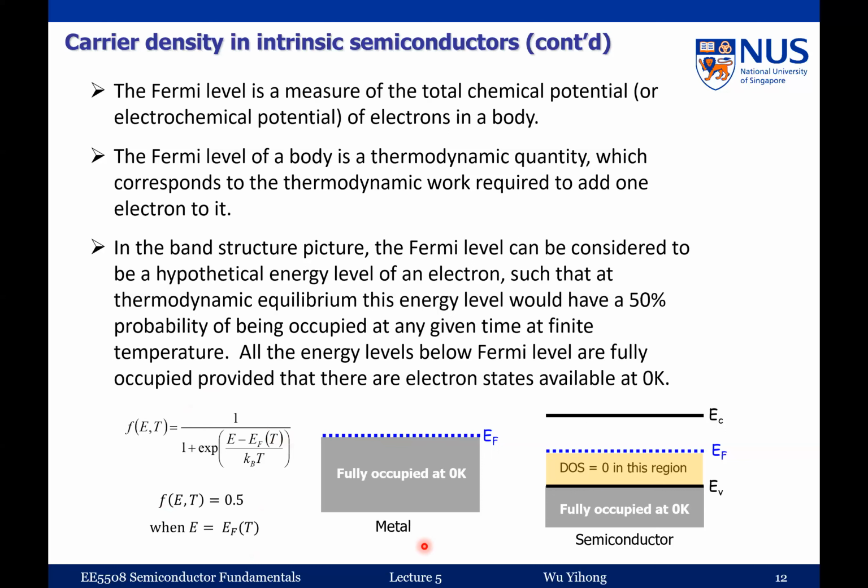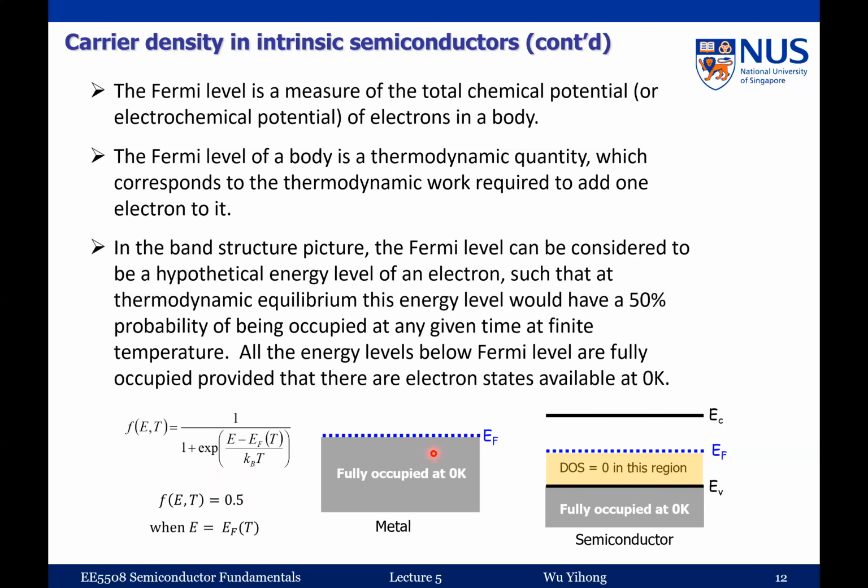The first way is at zero temperature: the Fermi level is the energy you need to supply to move one electron from infinitely far away to this Fermi sea. The other way, at finite temperature, is that it is the energy level at which the probability for an electron to occupy this level is always 50%, right? So that's the Fermi level.